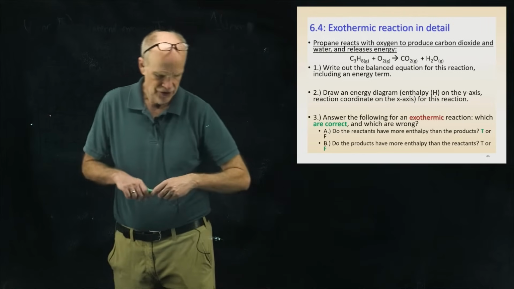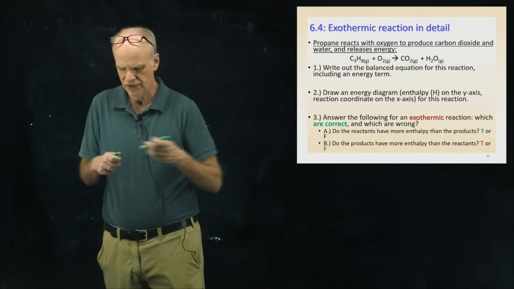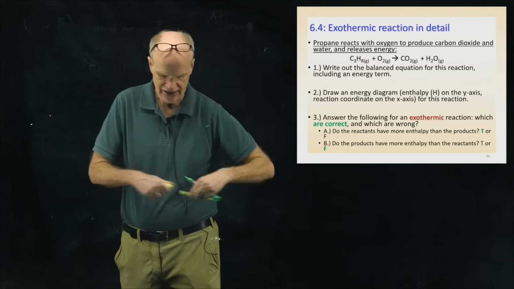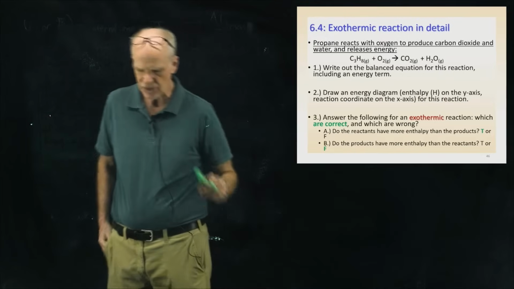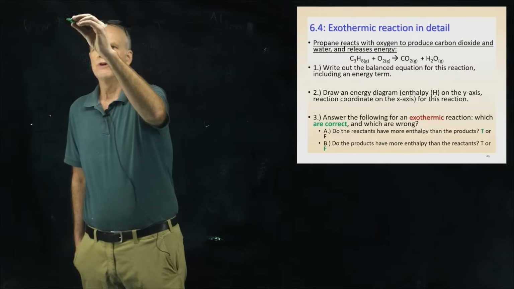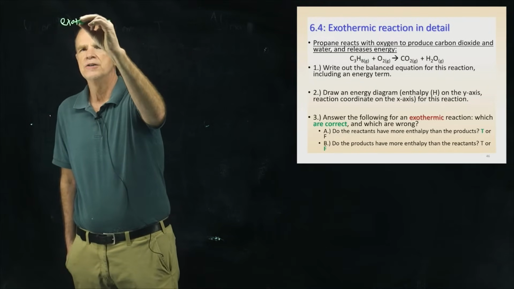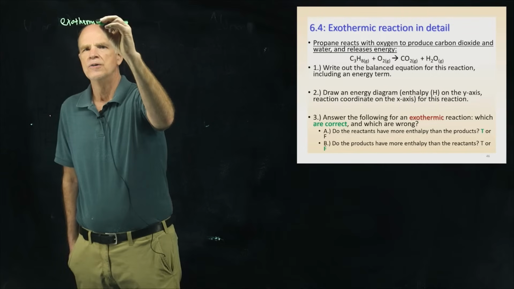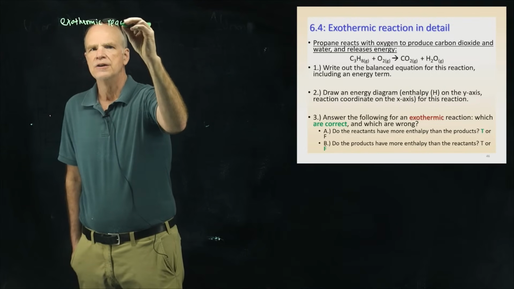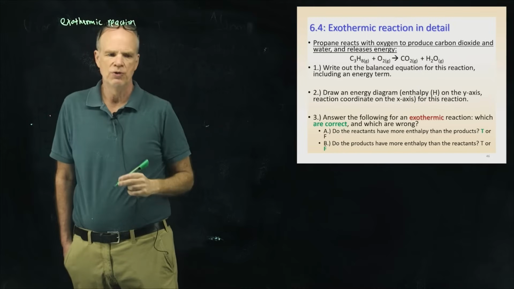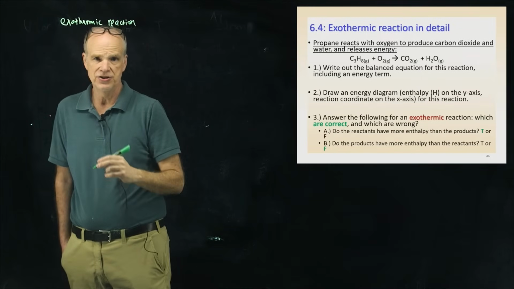Okay. So let's take a look at our standard exothermic reaction. So here I'm going to write exothermic reaction. And what I have on the screen there is the combustion of propane.